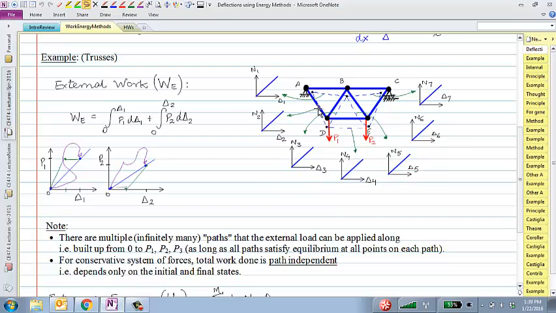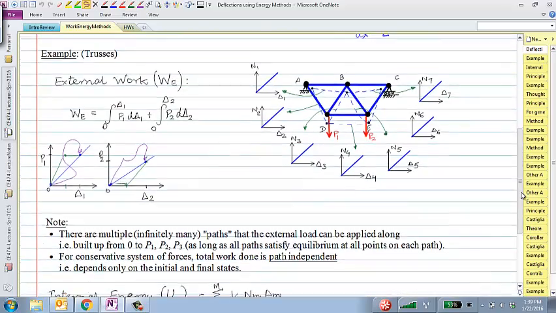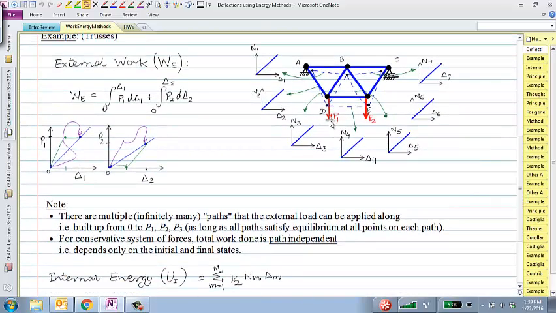And we have just said that the energy stored in a spring member is half times K times delta square, or half times the load in the spring times delta. So when the external loads P1 and P2 act on the structure, each one of those internal members deforms, either in compression or in tension.